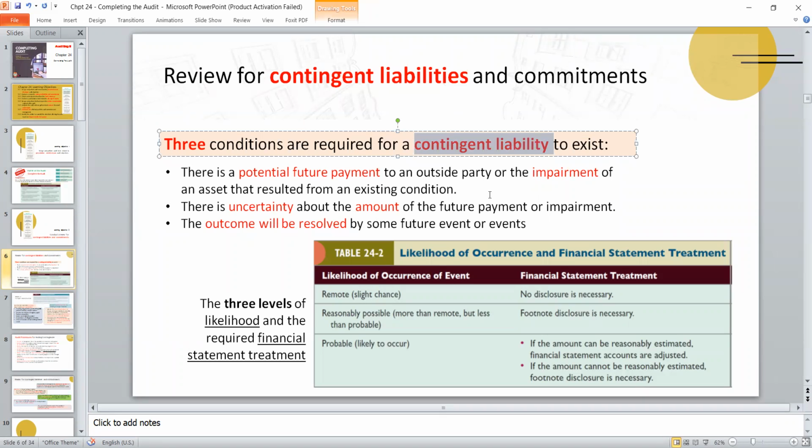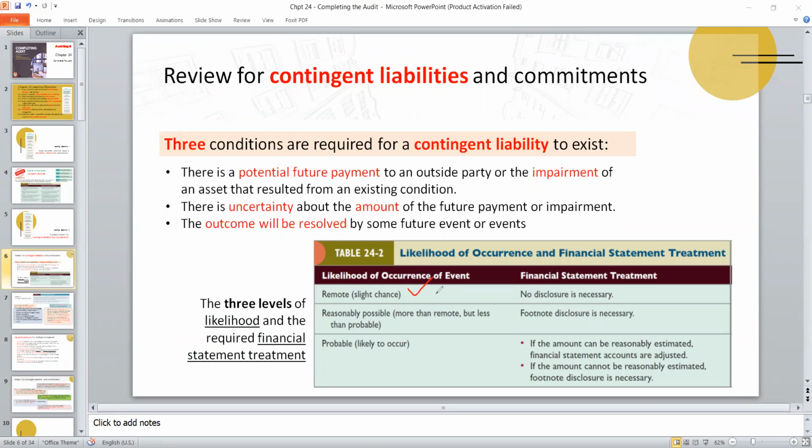And for contingent liabilities in the future, there are 3 levels of likelihood, kemungkinan, that determine the treatment in the financial statements. The first level is remote, a slight chance. It's almost not possible to occur, hampir tidak mungkin terjadi, or the possibility is very slim.